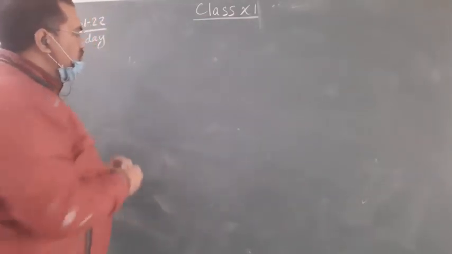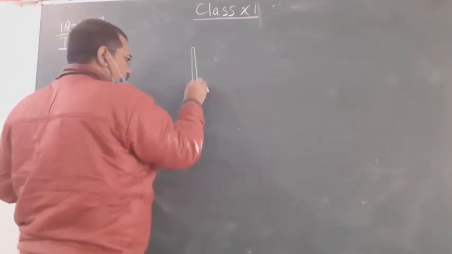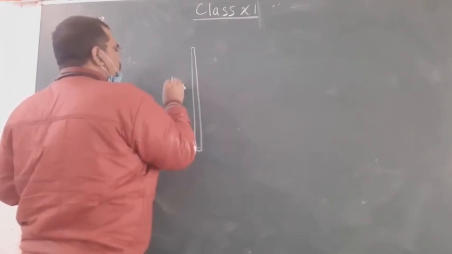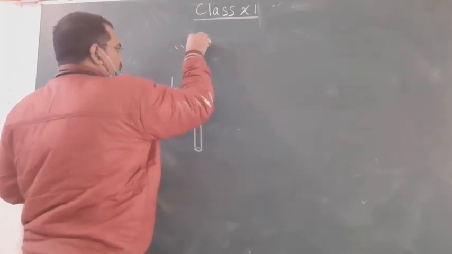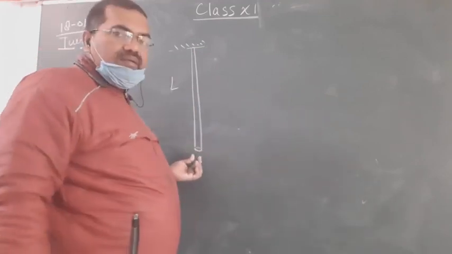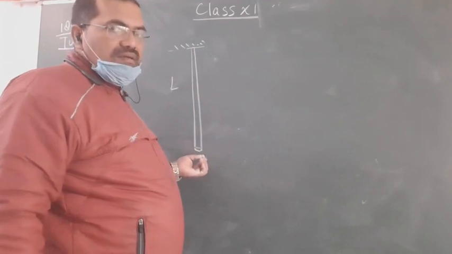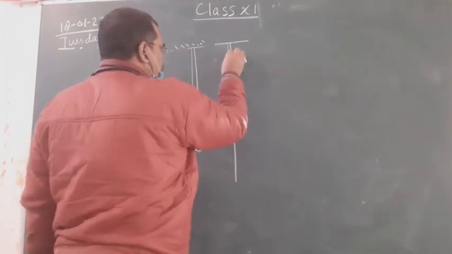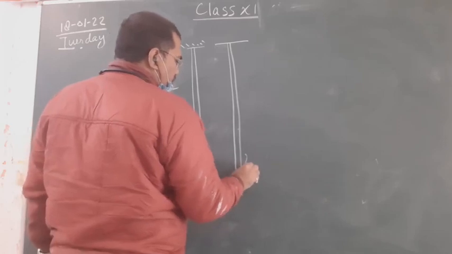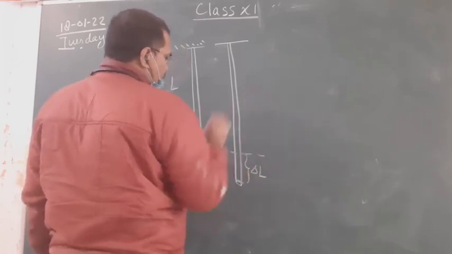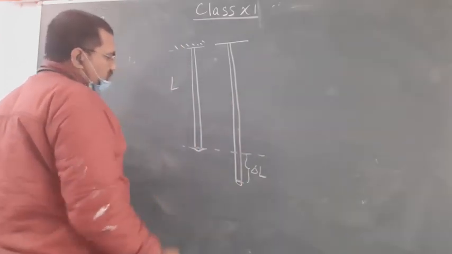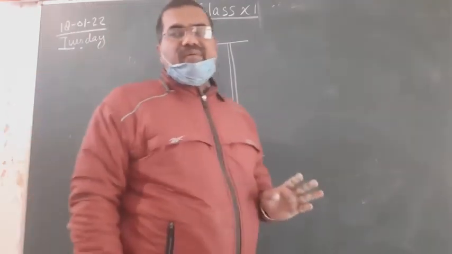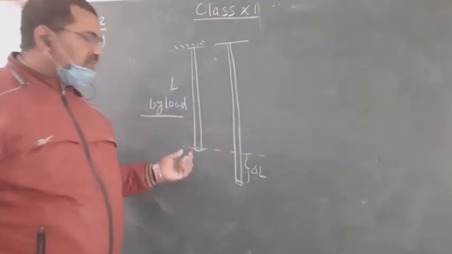Consider a cylindrical wire, an elastic body of initial length L, and a load is hung on it, and its length increases by delta L. This load works as a deforming force.